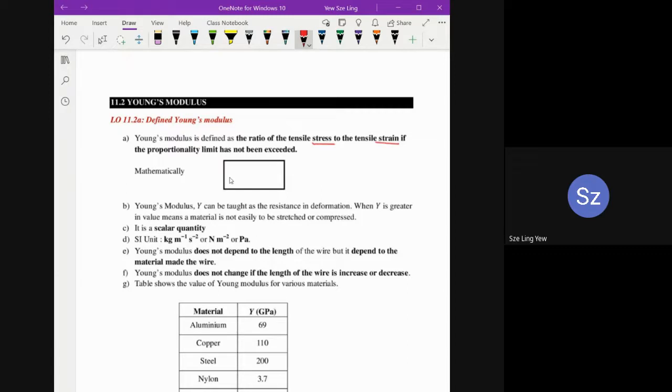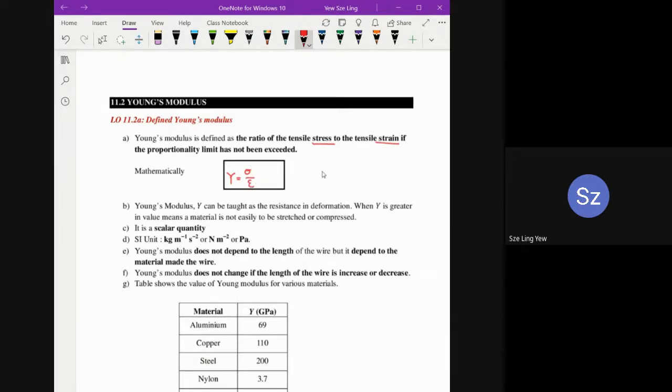So mathematically, it can be written as Y equals, because we're looking at the ratio of stress to strain, sigma divided by epsilon.